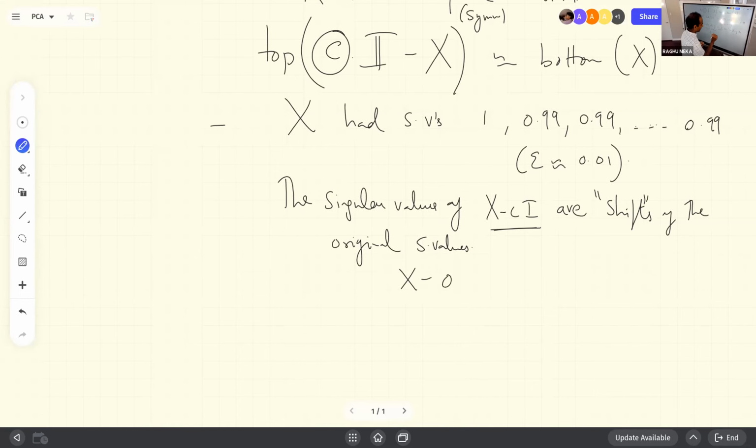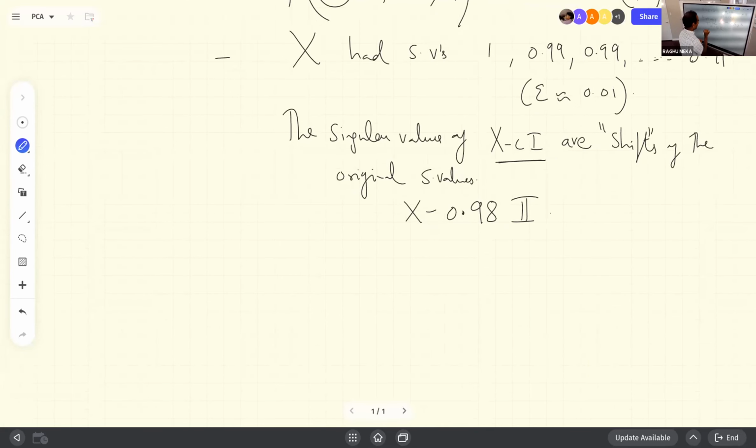Well, if I look at X minus 0.98 times identity, it has singular values that are 0.02, 0.01, 0.01, and so on.